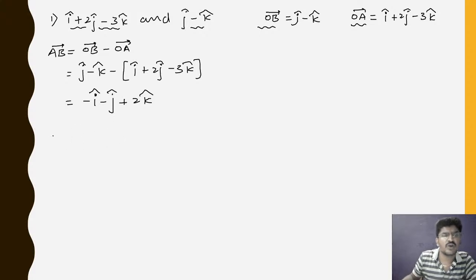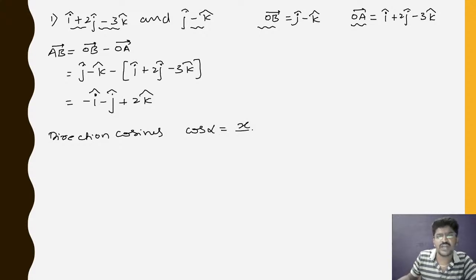From this, now you have to find direction cosines. For the direction cosines, you know the formula: cos alpha equal to x divided by r, cos beta equal to y divided by r, cos gamma is equal to z divided by r.